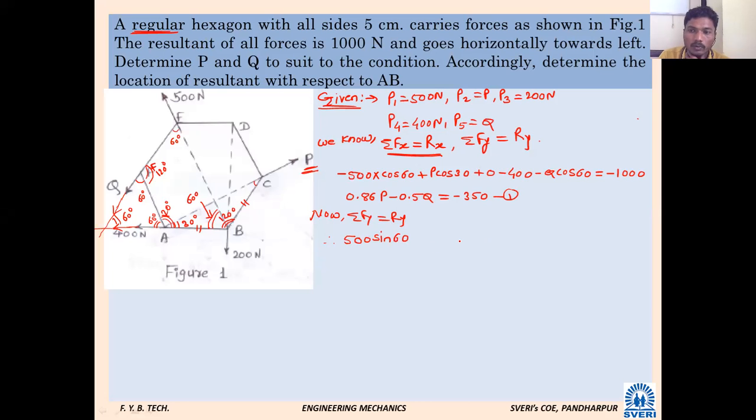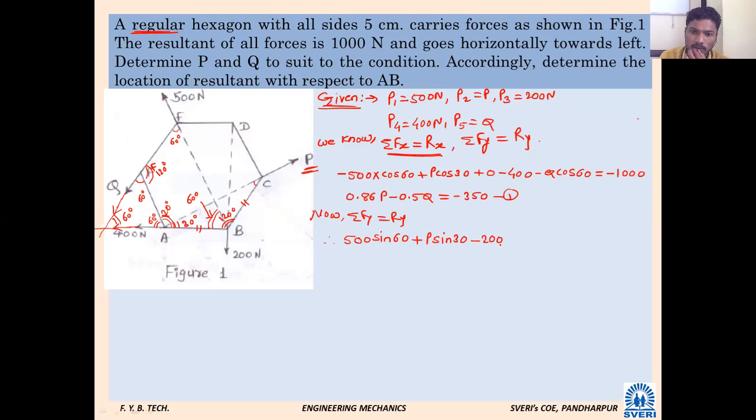Plus. Very good. Next force P. How much angle has it made with horizontal? 30. What will be its y component? P sin 30. Next, the 200 Newton force, which is vertically downward. Minus 200 sin what?